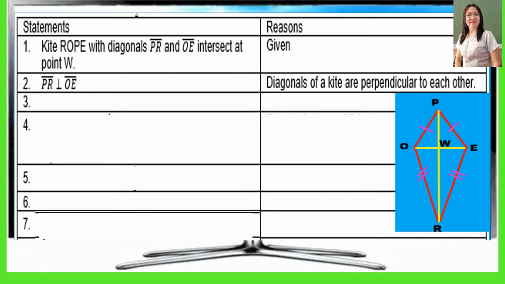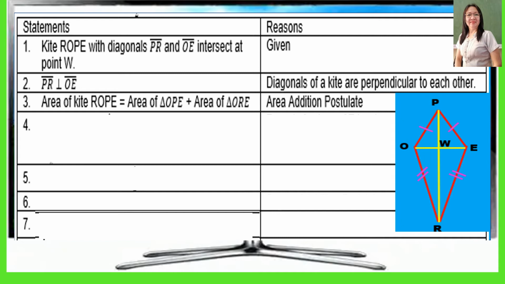Now, diagonal OE divides the kite into two triangles. So the area of the kite ROPE is equal to the area of triangle OPE plus the area of triangle ORE, and this is the area addition postulate.